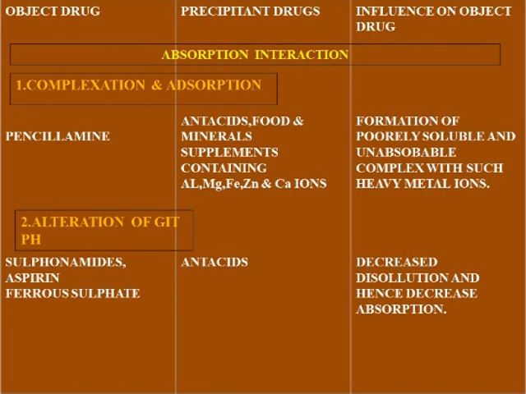So if I'm looking at a few examples of absorption interaction, then definitely I should say a few drugs, like for example antacids, food, minerals, supplements containing aluminium, magnesium, and so on. They can form complexes with heavy metals like penicillamine. Tetracycline, an antibiotic, can form complexes with calcium in the milk if taken along with it.